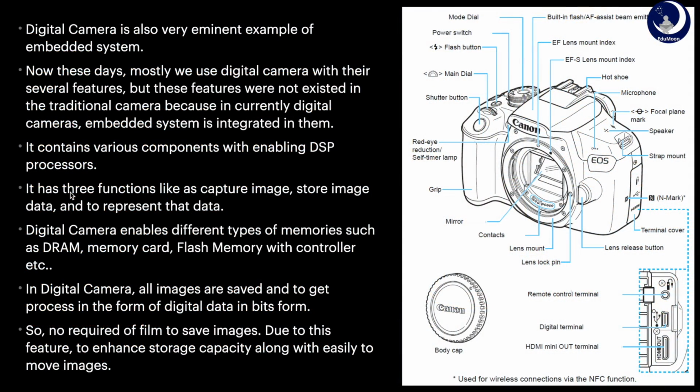And one more important example is the digital camera, because these days we are using digital cameras a lot with their several features. But in the olden days, when mostly the traditional camera was used, these features did not exist, because in the current digital cameras there is some kind of embedded system integrated in them.